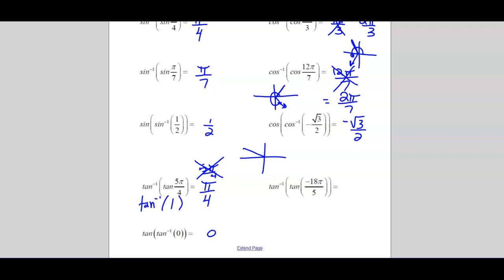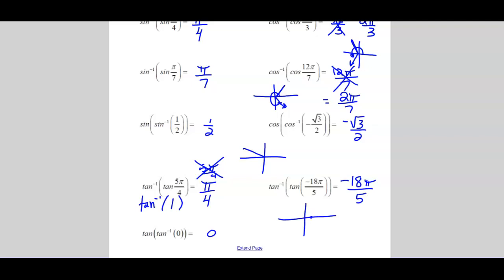Then here, inverse of each other. Okay, do you think that falls in your intervals? Well, that is negative 3 and 3/5 pi. Okay, that's more than a rotation, even in the negative direction. So, got to think a little bit about that one.